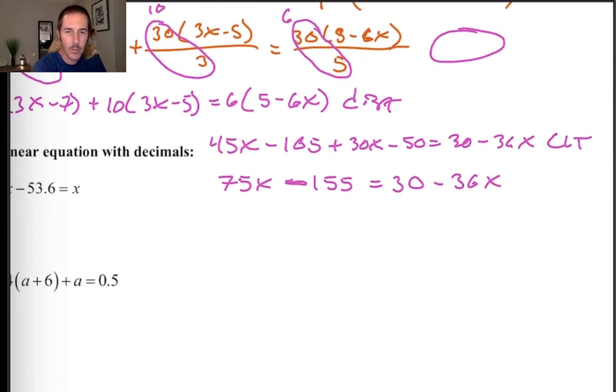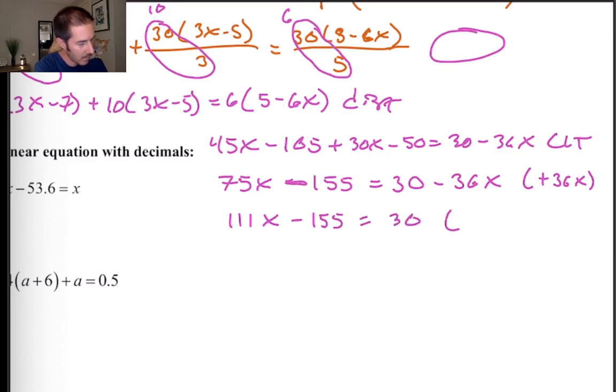All right, now, again, let's move the variables first. I don't want to end up getting stuck having to subtract 75x from both sides. That's not going to be nice. I'd rather start out immediately here by adding 36x to both sides. So we could put a little note over here that says what we're doing, plus 36x. 75 plus 36 is 111x's. The minus 155 is still there, equals 30.